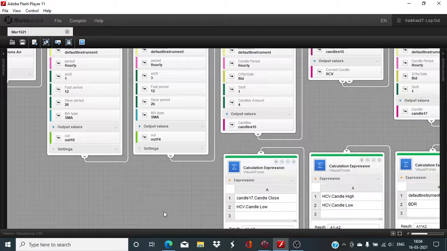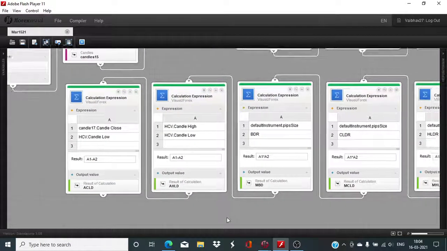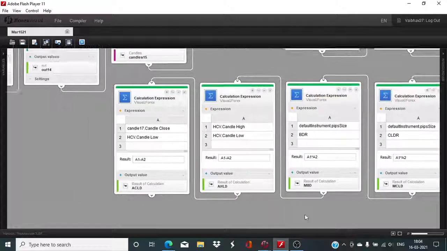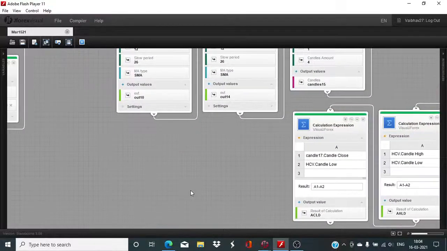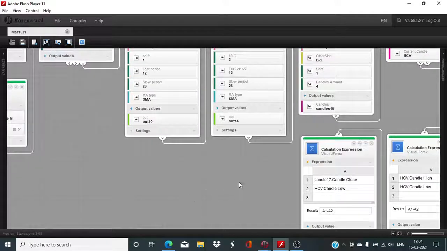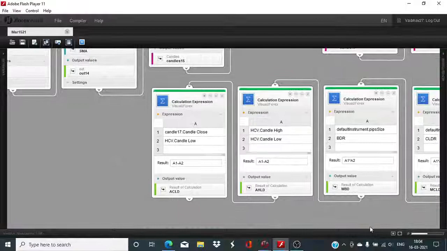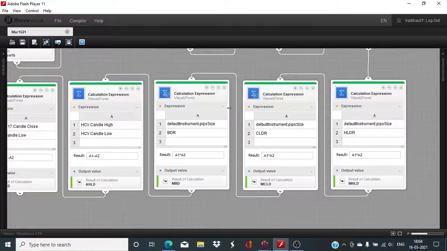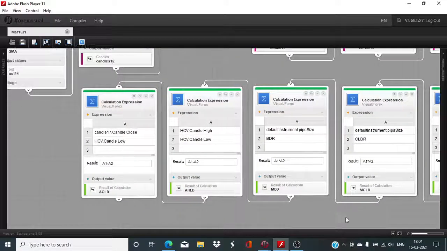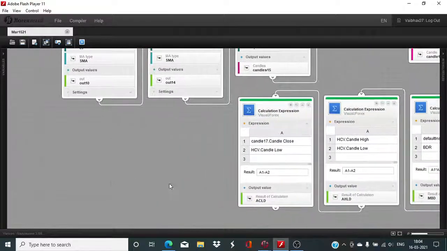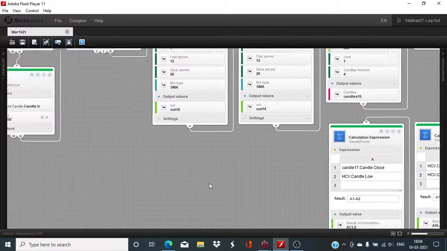Alright, so here we have calculated these values which we are going to use in the buy side, and these calculations of peak size will also be useful while defining the sell side, whereas these two calculations are only required for the buy side.